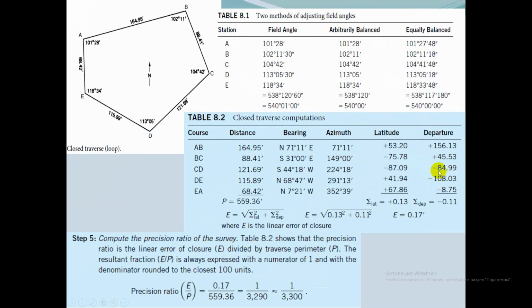So the precision ratio is the linear error divided by the traverse perimeter. And this resultant fraction is always expressed with a numerator of 1 and with the denominator rounded to the closest 100 units. So this is the precision ratio.